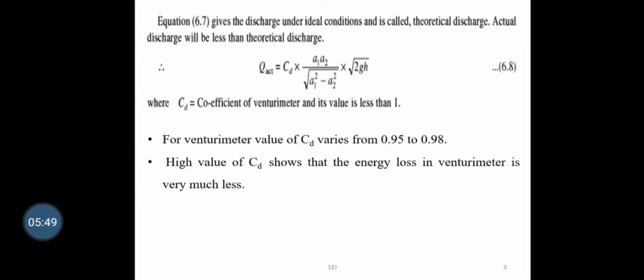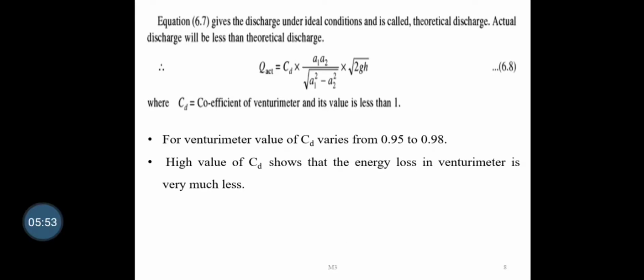Now substitute for the expression of V2 in this equation. And on substituting, you get Q as A1 A2 root of 2gh by root of A1 square minus A2 square. And now the expression that we have got here for Q is known as the theoretical discharge.